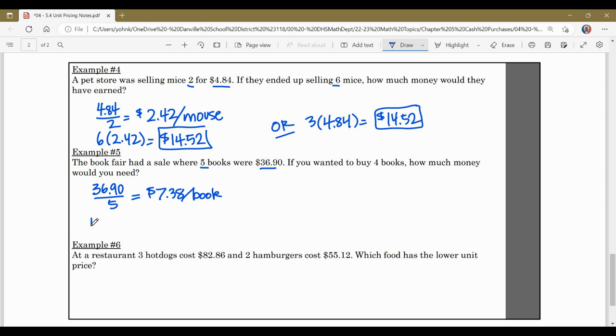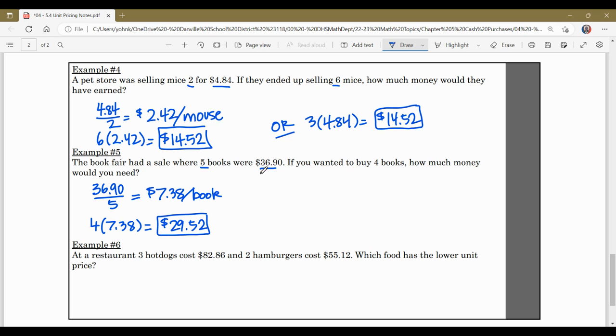So if I want to purchase 4 of them, I do 4 times $7.38. This gives me $29.52. Notice that buying 4 books for $29.52 was cheaper than buying 5 books for $36.90. So that answer that you get, since we're buying less, should be less.